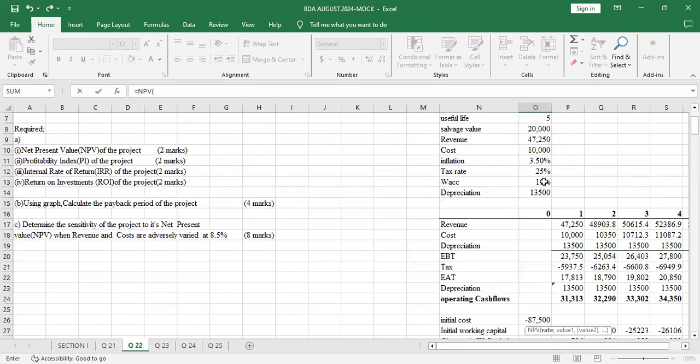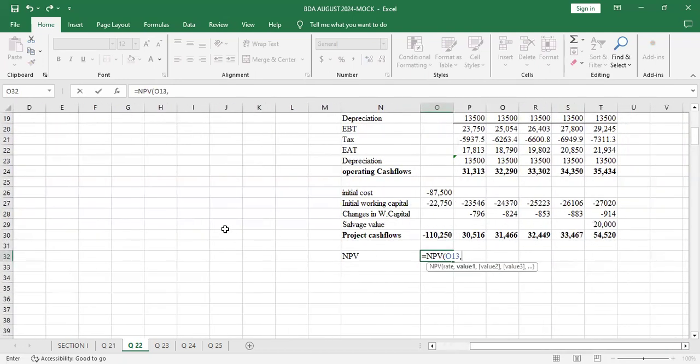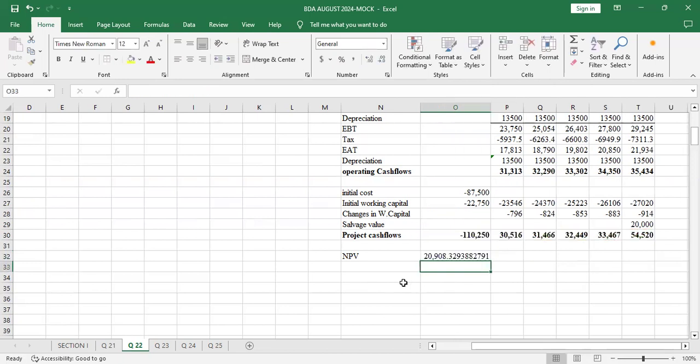We'll take the rate, which is the WACC, then we select from year 1. Then you close the bracket, then you add back the initial cash outlay. Then you enter. It will give me 20,908.